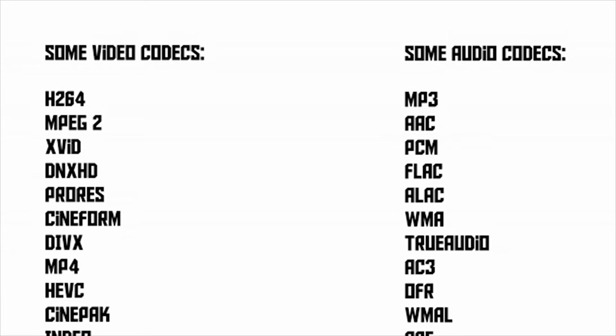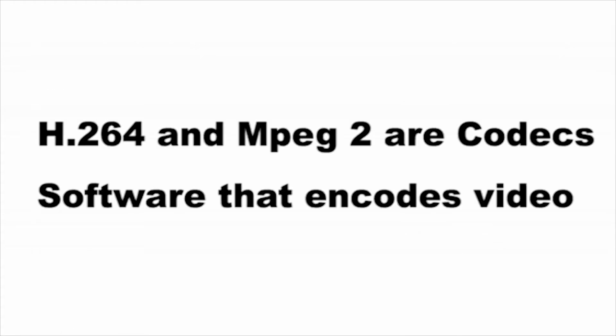Some video codecs, for example, are excellent for video editing, while others are better for playback and distribution. Codecs are very important since they determine what the video will look like and, in case of an audio codec, what the audio will sound like. Luckily, there is a lot of information about specific codecs available online.